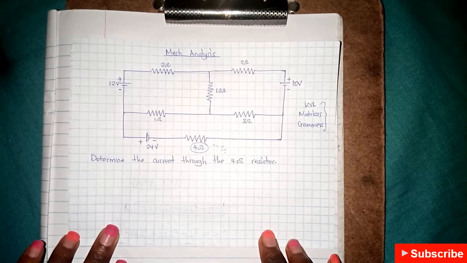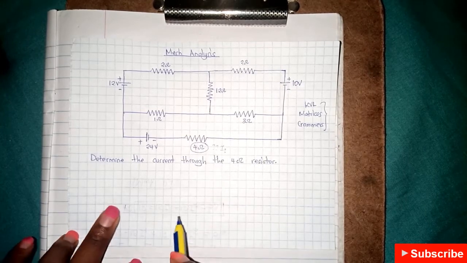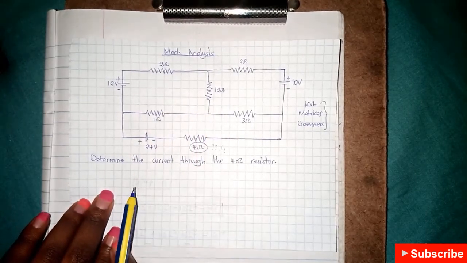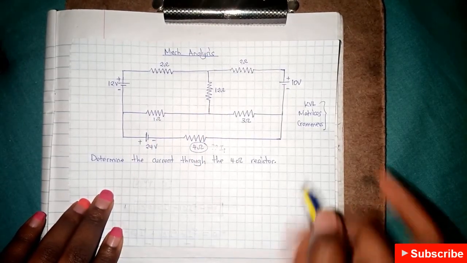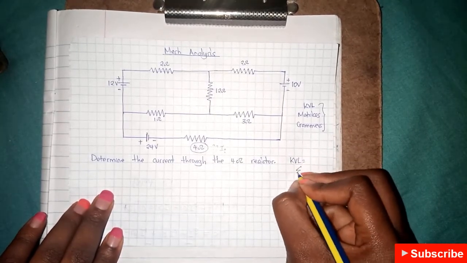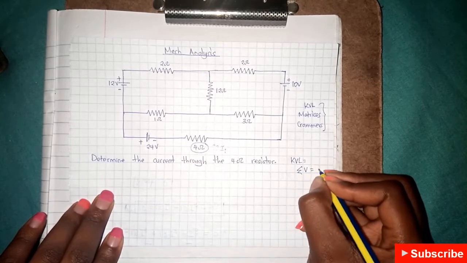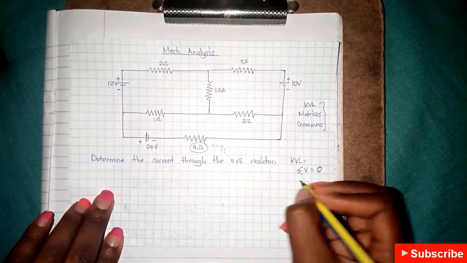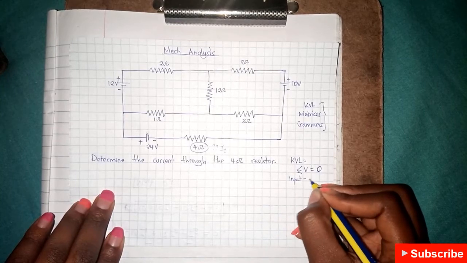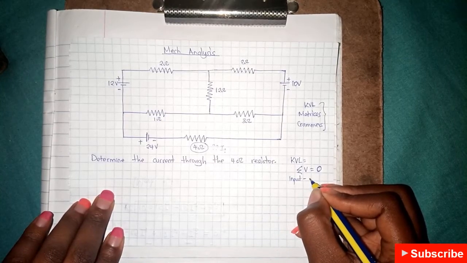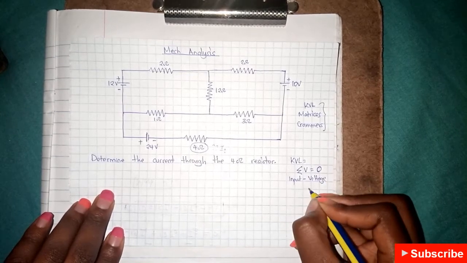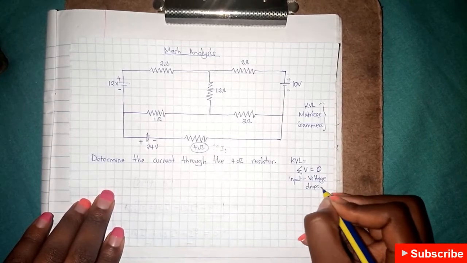So first we will find the equations of all the loops using KVL, whereby KVL states that the summation of voltage in a closed loop should be equal to 0, which means input minus what's consumed in the loop, input minus voltage drop equal to 0.